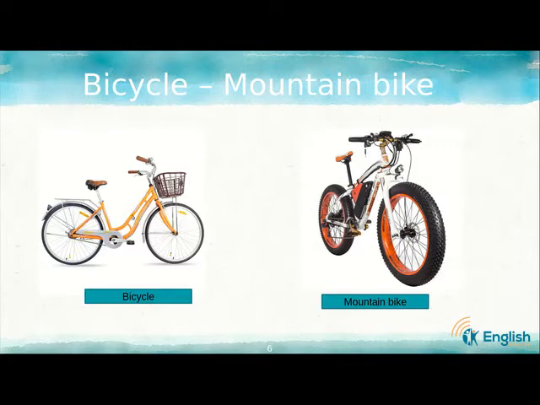So those are the differences between a bicycle that you can use to travel to work, maybe on a street road or city road, and a mountain bike, which you can use to do off-road biking.